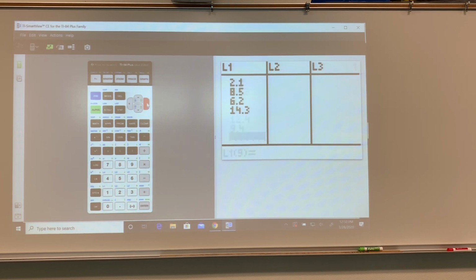Okay, now I'm going to go over and type in L2, which is the Y's.